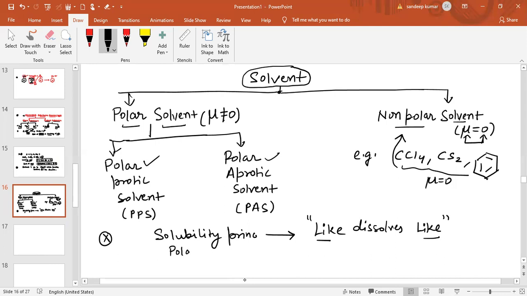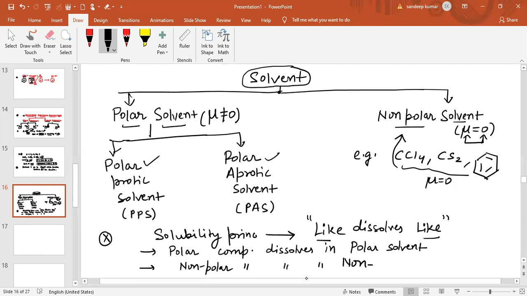It is like this: polar compound dissolves in polar solvent, and non-polar compound dissolves in non-polar solvent. So this is basically the solubility principle.